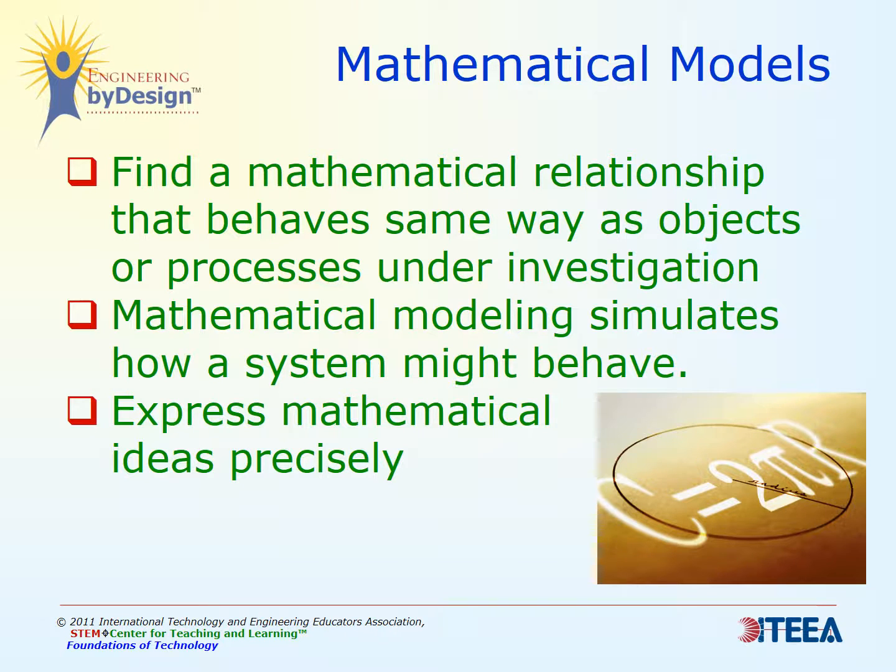Mathematical models. Find a mathematical relationship that behaves the same way as the objects that you are looking at under investigation. So you may take a bridge that's been built and you will examine the way that bridge works and compare it to the way you want your new one to work.